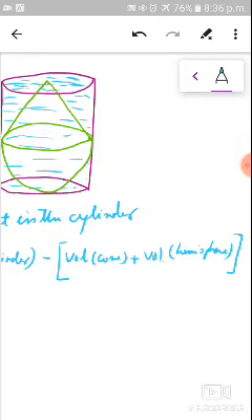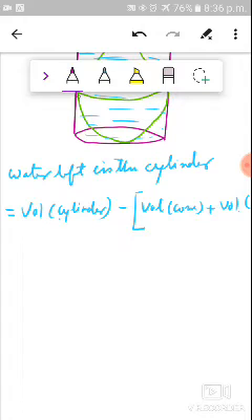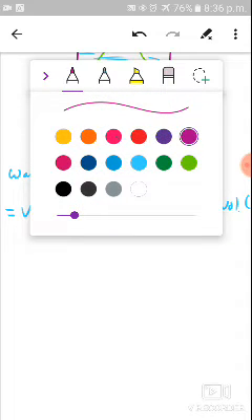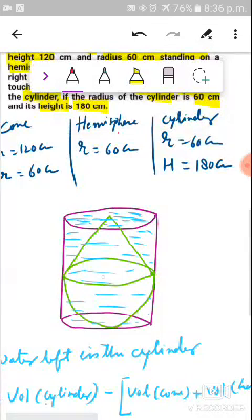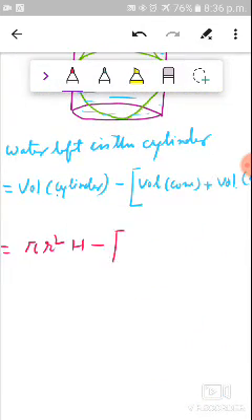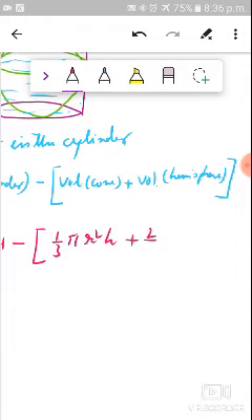So the volume of cylinder is pi r square, and the height of cylinder we have taken as capital H. Minus the volume of cone. Volume of cone is 1 upon 3 pi r square h, where the height of the cone is small h, plus the volume of hemisphere, that is 2 upon 3 pi r cube.